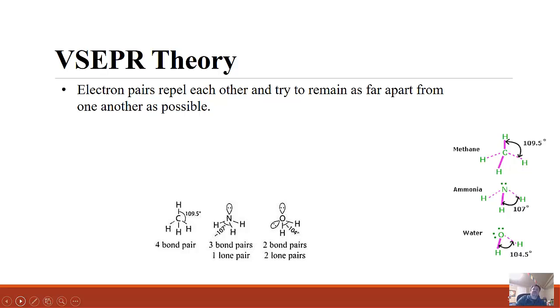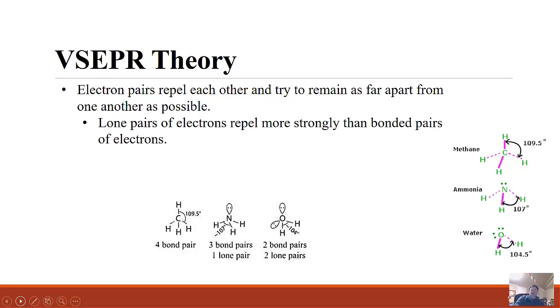According to VSEPR theory, electron pairs repel each other. They try to remain as far apart from each other as possible. When we compare the repelling of lone pairs to bonded pairs, the lone pairs repel more strongly than the bonded pairs.